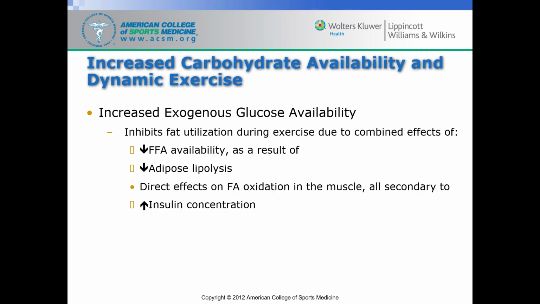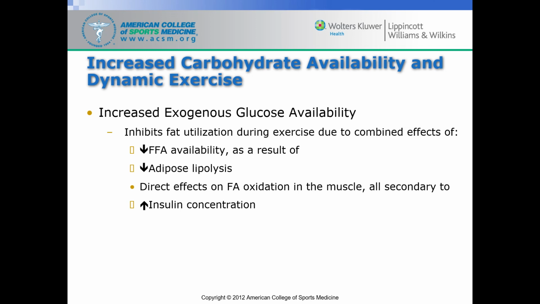With dynamic exercise, you can increase exogenous glucose availability. All right, you inhibit fat utilization during exercise because you can decrease fat availability as a result of decreased lipolysis, which is the breakdown of triglycerides to form free fatty acids circulating in the blood.